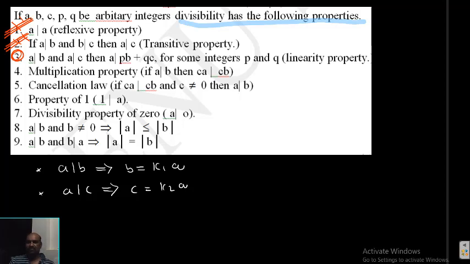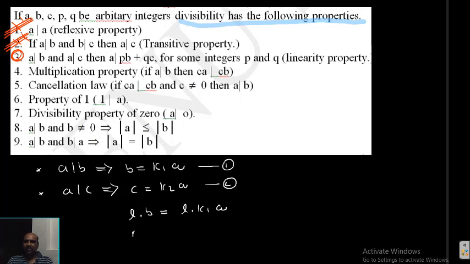So add them, or do one thing: multiply some integer on either side of the first equation. This is the first result, and this is the second result. L into b equal to L into k1 into a, where L is another integer.